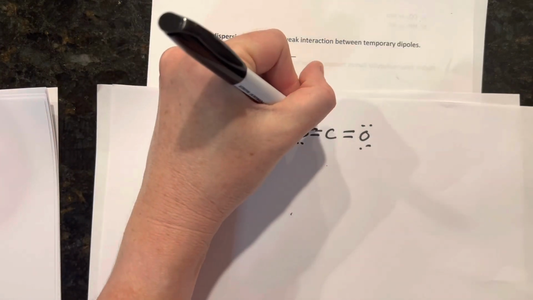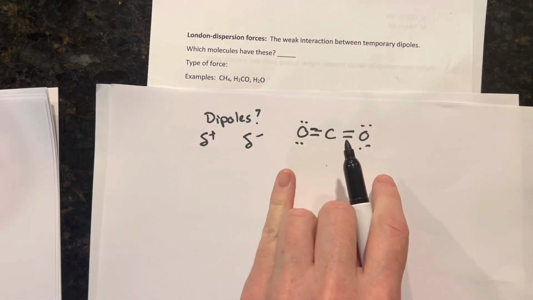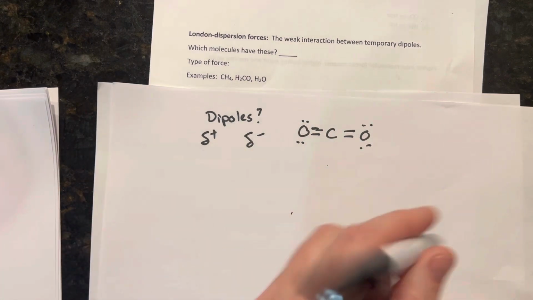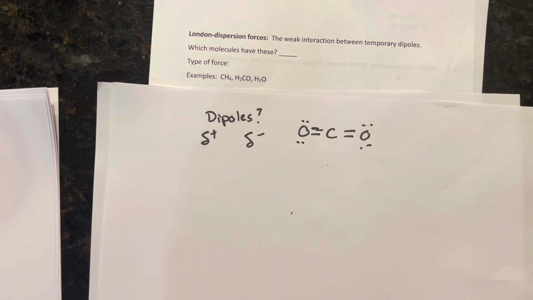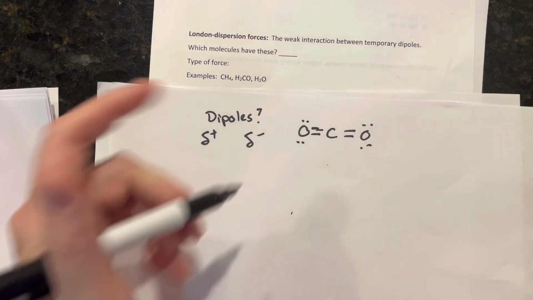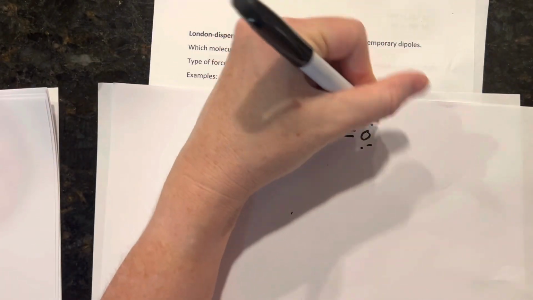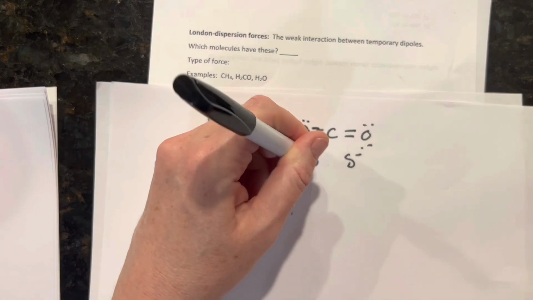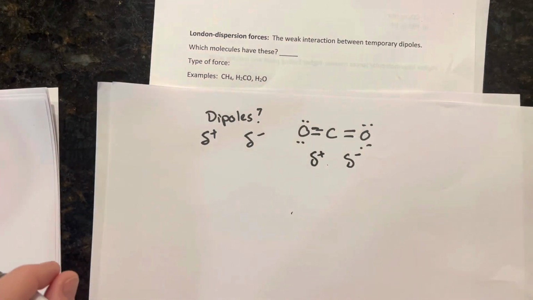We should know that by now. But it's not polar because they're pulling in equal and opposite directions. But let's say at any given point in time, electrons are moving back and forth, and for a brief second in time, maybe, just maybe, there's a few more electrons on the right side of this thing, leaving a few fewer electrons on the left side.